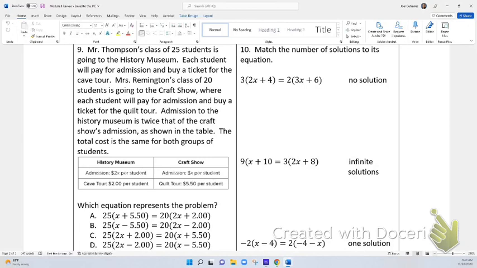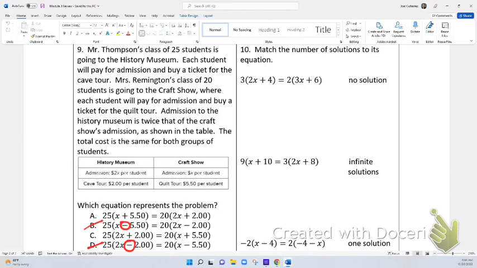So if you notice, B and D can already be eliminated because as part of the equation, it has a subtraction sign. And we don't want a subtraction sign because anytime you do anything extra, you have to add to the price of it, right? So automatically it can't be B or D, so we're left with A and C. So again, it says the admission is $2 per student, and then the cave tour is $2 per student.